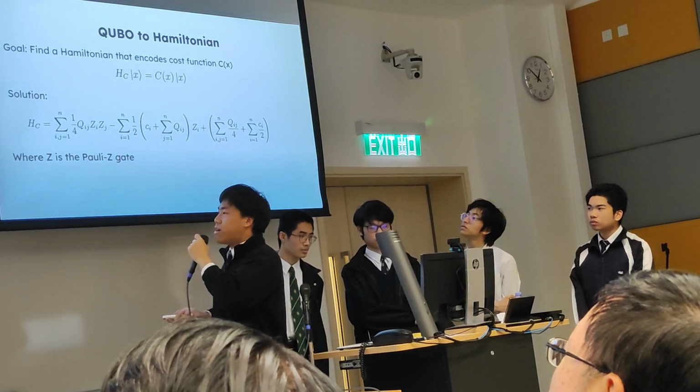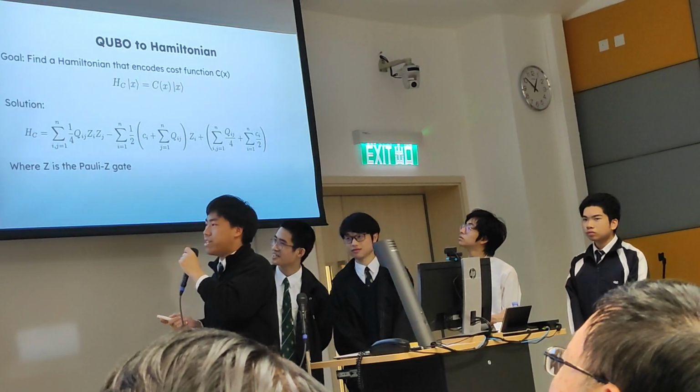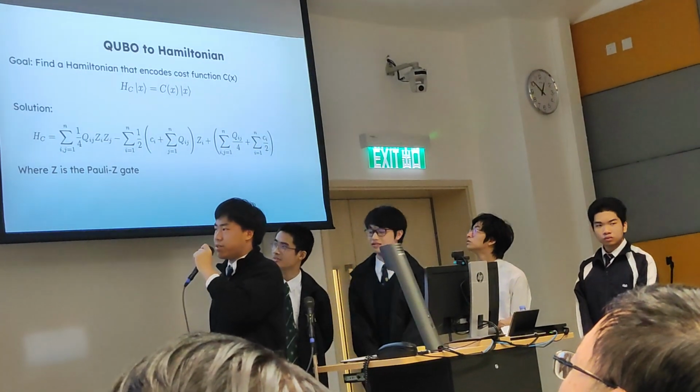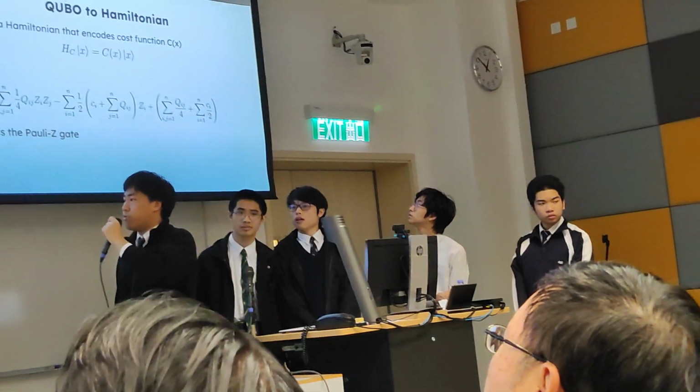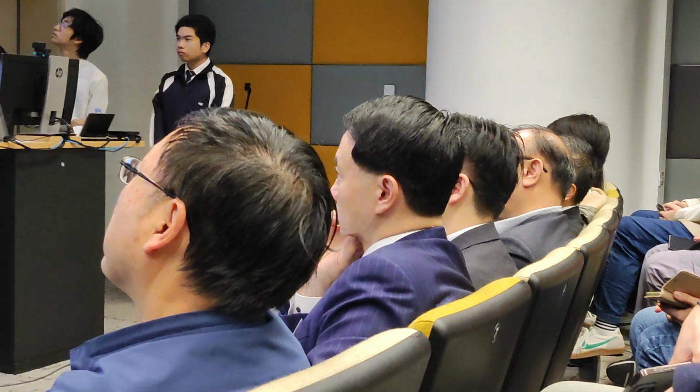And by some algebraic work, people do find a solution of the Hamiltonian in this form, and this is very important because after we have the Hamiltonian, we can use it to construct the quantum circuit gates.